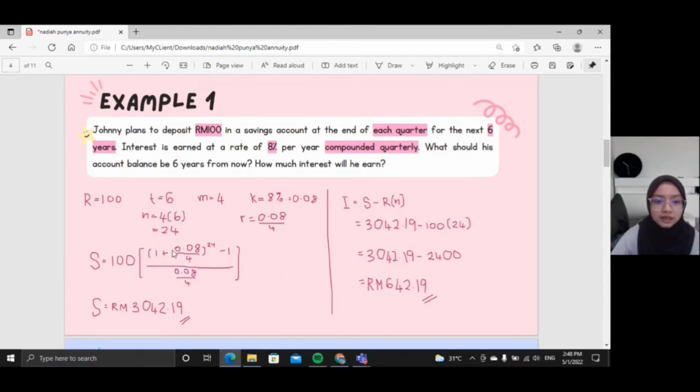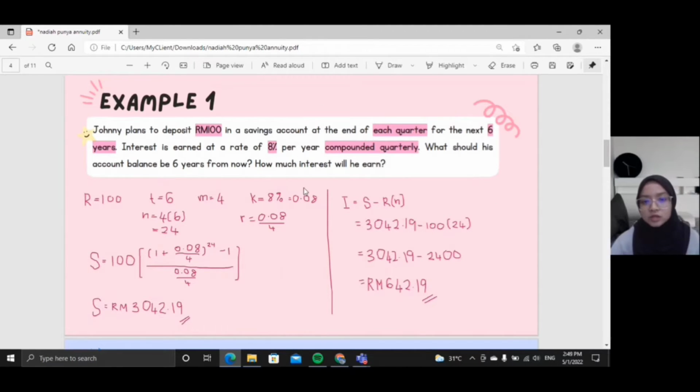This first, and then power of 24, minus 1, over 0.08 over 4, and after you finish this bracket you can multiply by 100. So the S is equal to RM. You need to put the RM because the annuity is in ringgit or dollar or whatever is stated in the question. So you will get 3042 ringgit 90 cents.